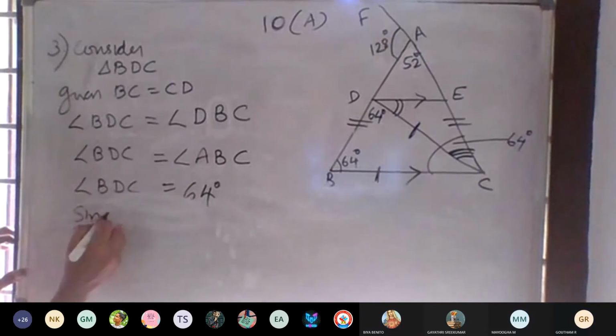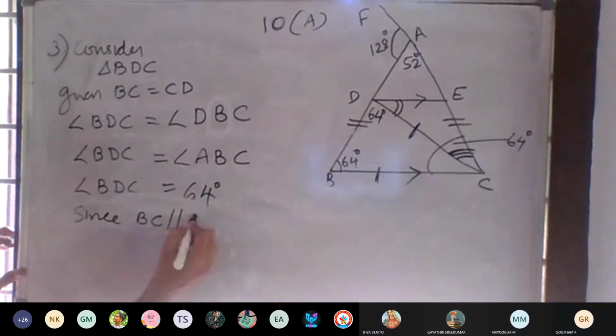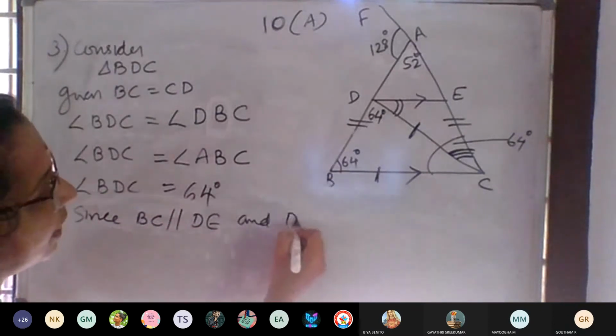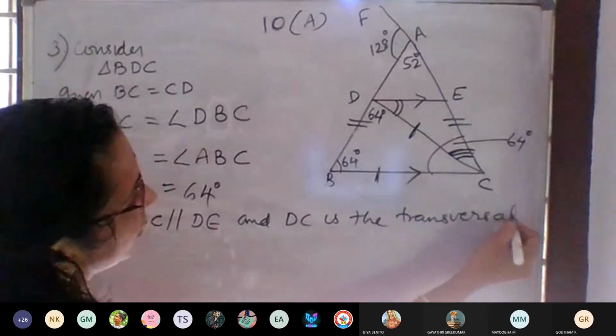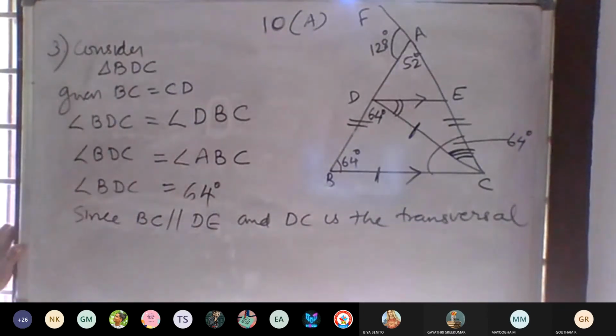Since BC is parallel to DE and DC is the transversal, what can we write?